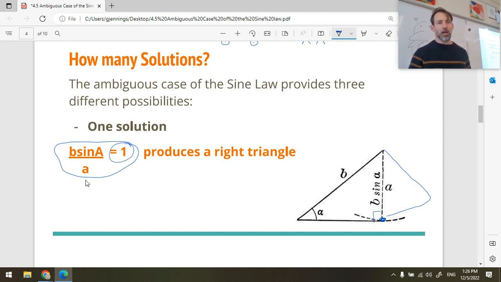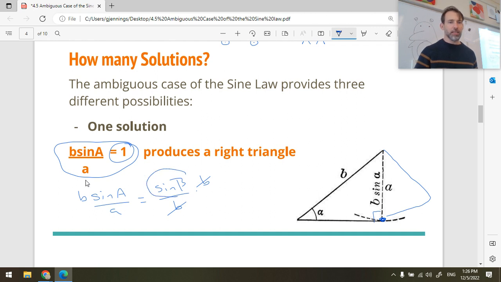Why is that 1? Well, this came from sine A over a is equal to sine B over b. If I multiply both sides by b, then b sine A over a, if that equals 1, then sine of B is 1.